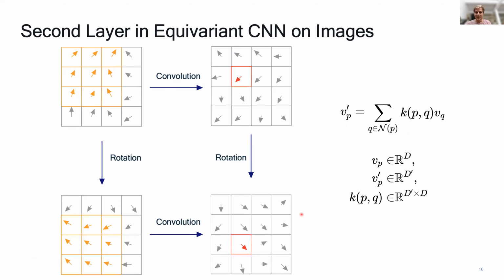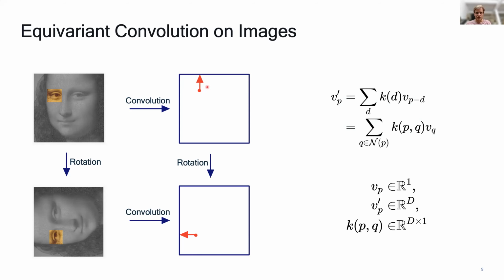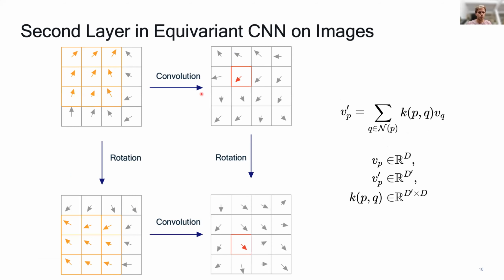Now we go to the second layer, because we found for each point a direction or an arrow or vector of features. And then in the second layer, we would get for each pixel location a vector of features. So here we have incoming d-dimensional features. And for each patch, we compute an output feature, and that could be d prime. So we could have the same equation here.